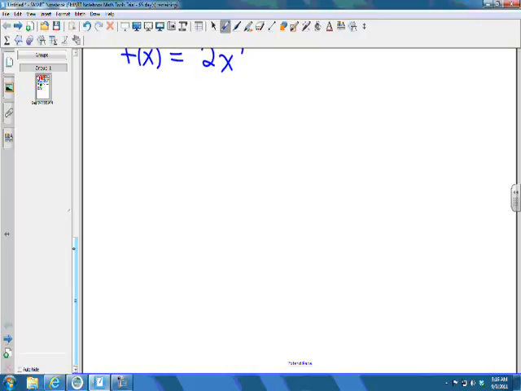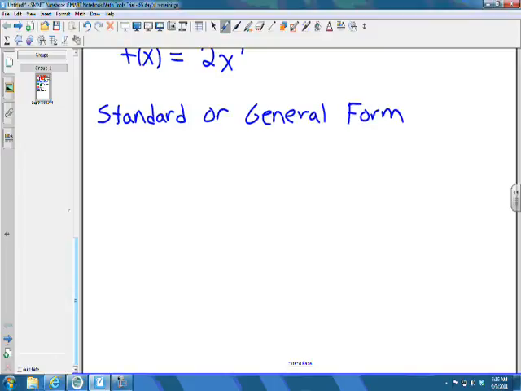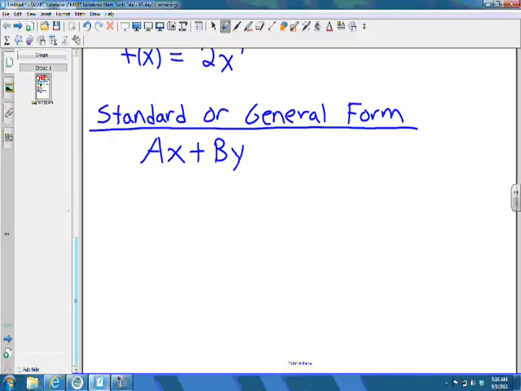So either way, standard or general form of an equation is Ax plus By equals C. So if you have to get an equation in general or standard form, that's what it has to look like when you get done.